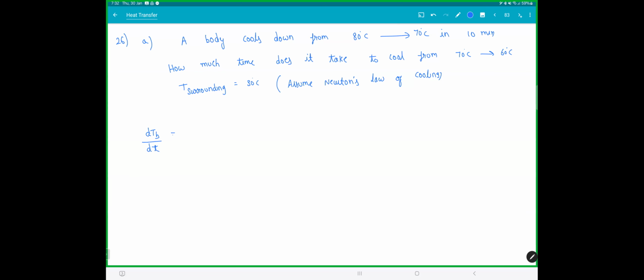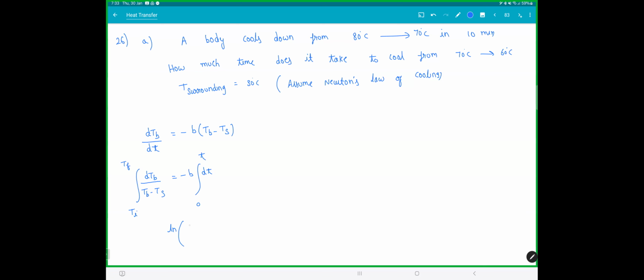So dT_B by dt is minus B times (T_B minus T_S). Integrate this. This will be initial temperature, this is final temperature, and this is 0 to t.